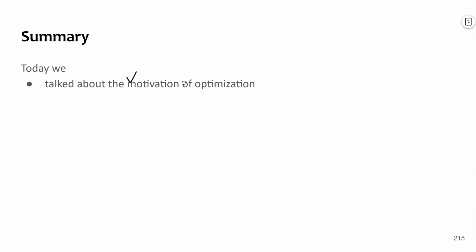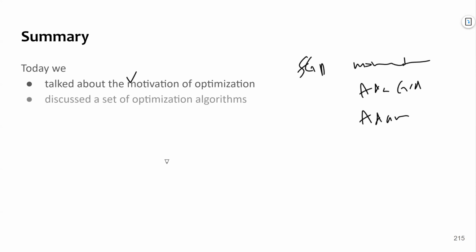We need to be very careful in choosing the correct or proper optimizers. So we saw some techniques like SGD, momentum, AdaGrad, and Adam, like this.